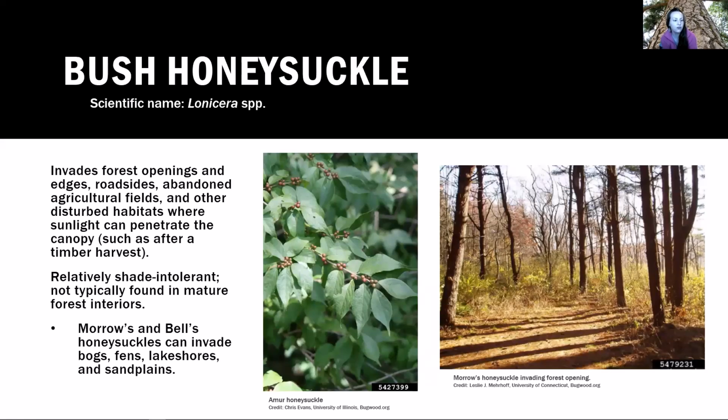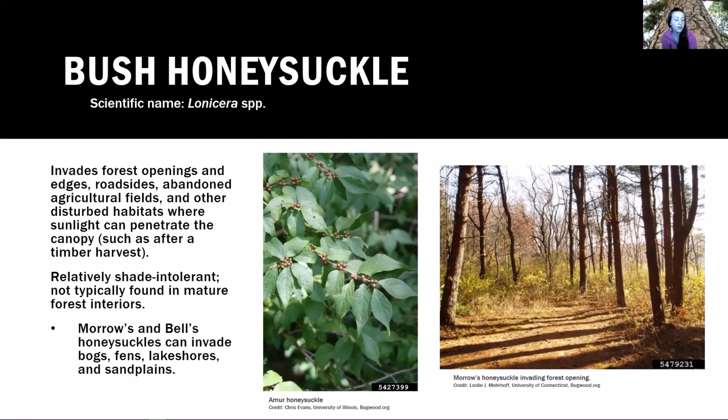So bush honeysuckle, you will find it in places that get a lot of sunlight: forest openings and edges along roadsides and abandoned agricultural fields, and just other places where sunlight is easily able to penetrate the tree canopy. For example, if you have an area that just recently had a timber harvest completed, that will be prime habitat for bush honeysuckle to potentially take over that area.